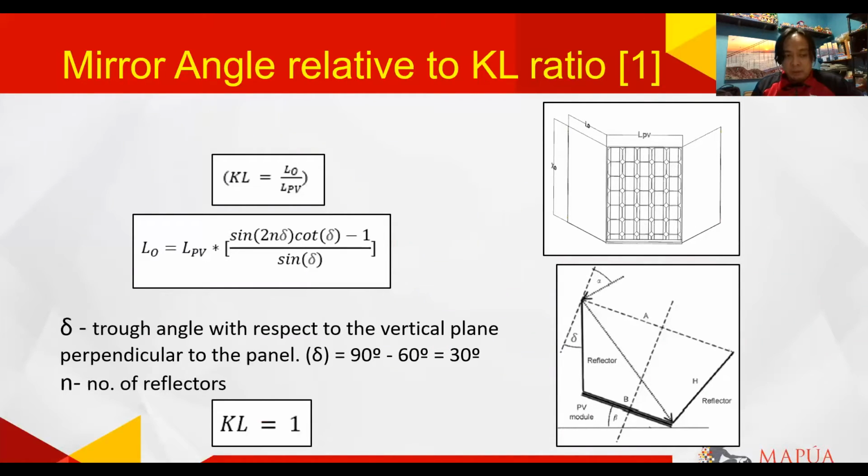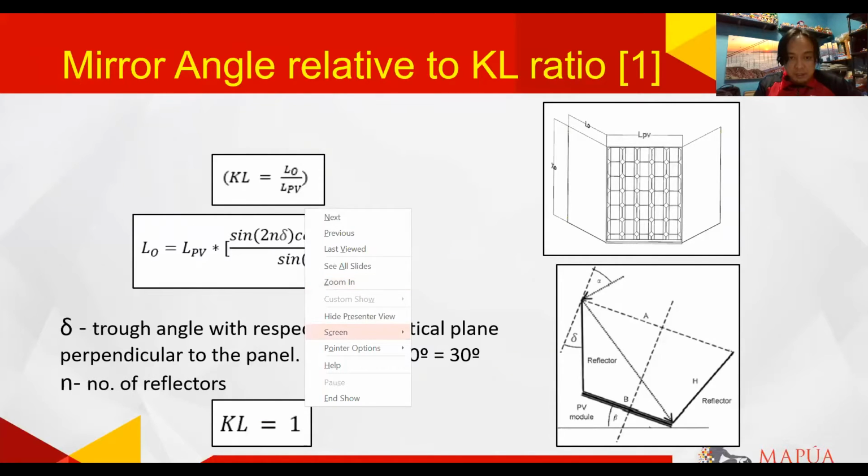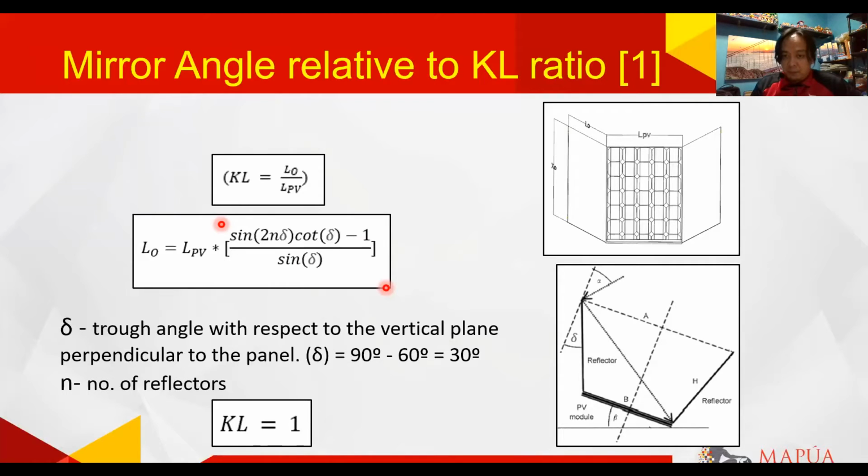And we also computed for the LO using this formula. Based on these formulas, and from the study of Burkhardt, reference number 1, the most optimal tilt angle of the solar V-trough is 60 degrees.